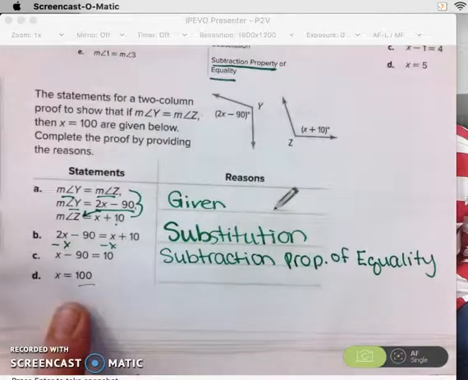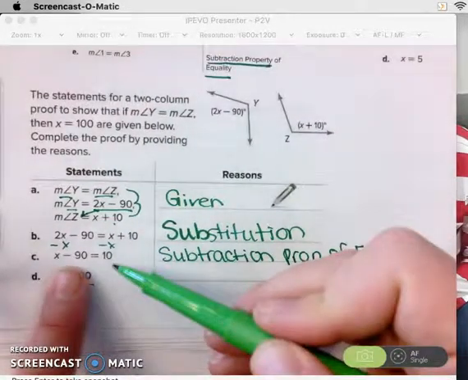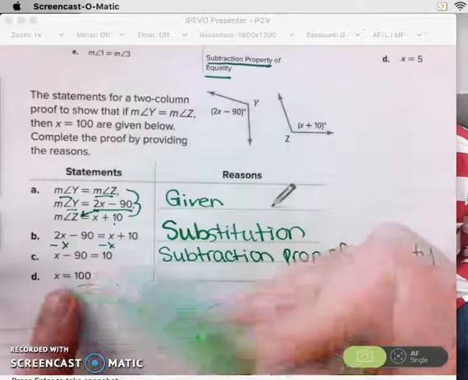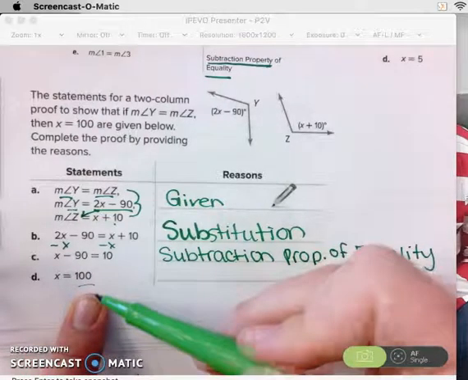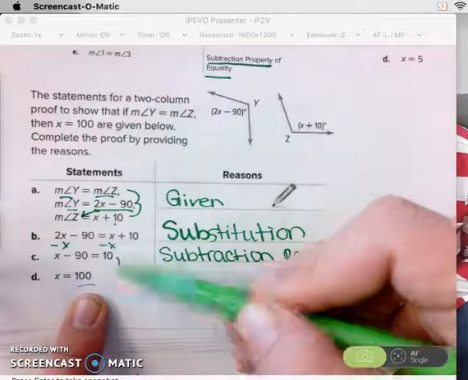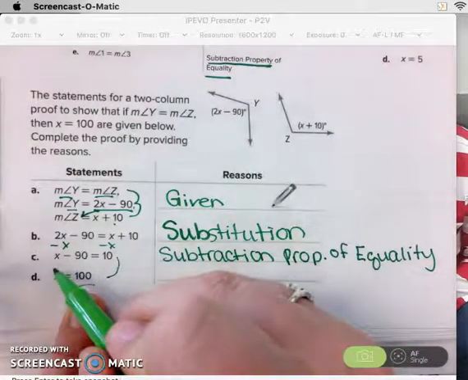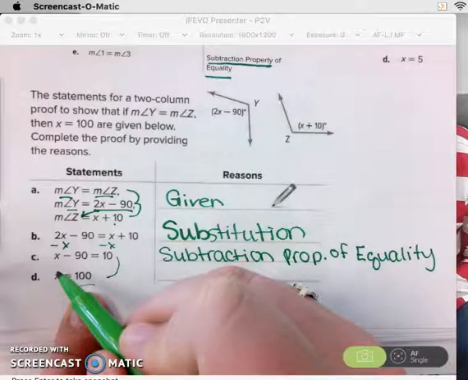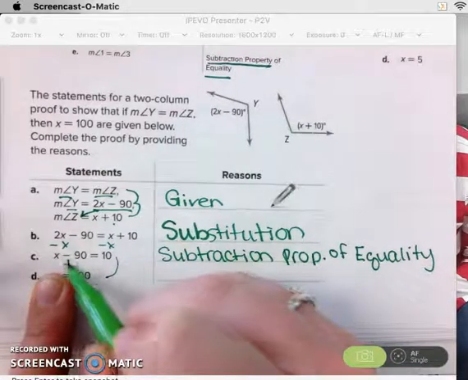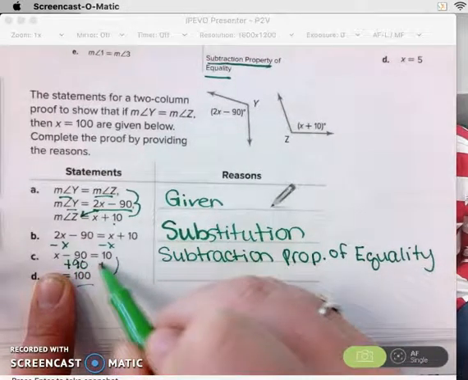Now, how did I get from x minus 90 equals 10 to x equals 100? How are you going to solve for x? Think about that. I would add 90 to both sides, correct?